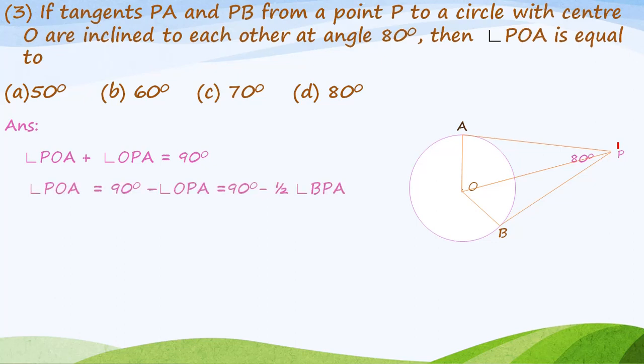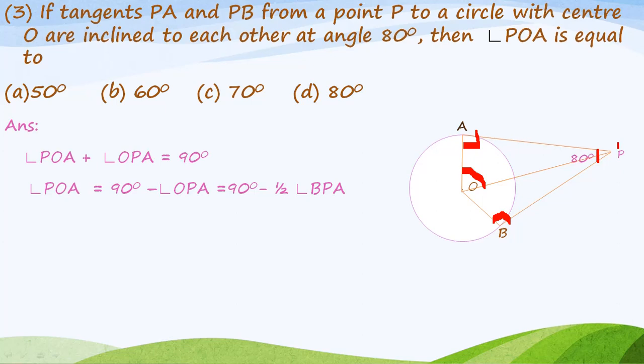Angle P is equal to 80 degrees. Already we know that angle A is 90 degrees. Angle B is also 90 degrees. What is the value of POA?